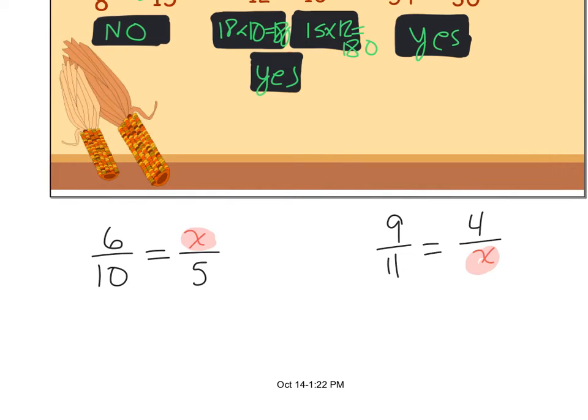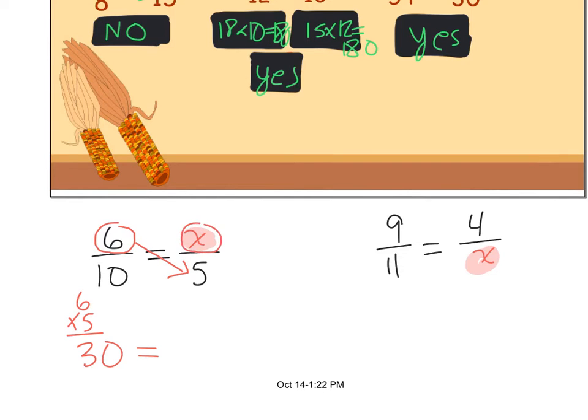So same steps that we just did. I'm going to take this first number of the fraction, and I'm going to cross through the equal sign, and I'm going to say, okay, I've got 6 times 5 is 30, and I'm going to set that equal to my other value that I'm going to find, okay?